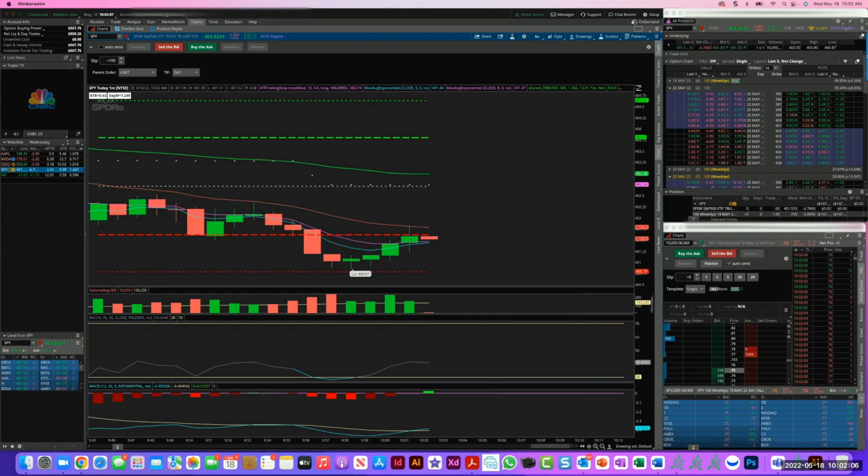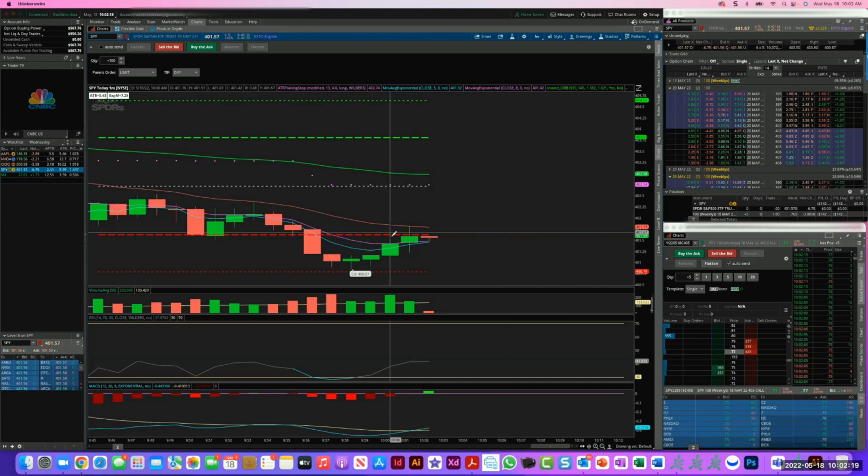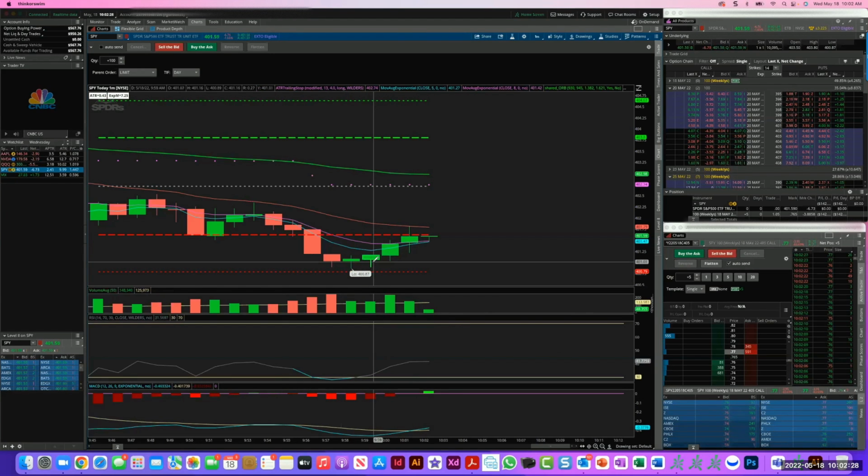I'm looking at the VIX. We have a falling VIX, but there's support at 27.74. We'll see how the SPY handles this opening range low. That's going to be key. But it looks like we may have bottomed here.